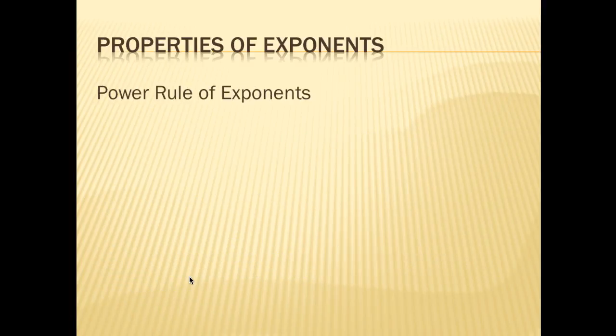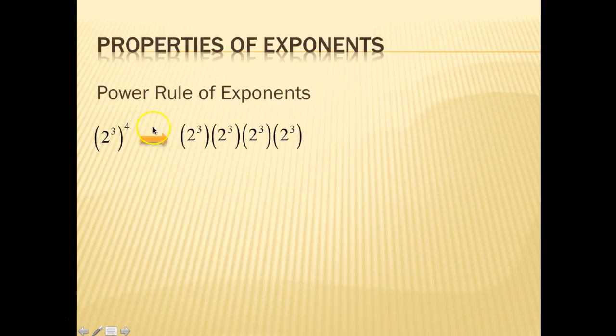The power rule of exponents. So in this case, I'm taking a power to the third power and raising this power to a power. So I'm going to take, in this case, 2 to the third is actually the base of this exponent 4. So I'm going to treat it as a base and write it as 2 to the third times 2 to the third times 2 to the third times 2 to the third.